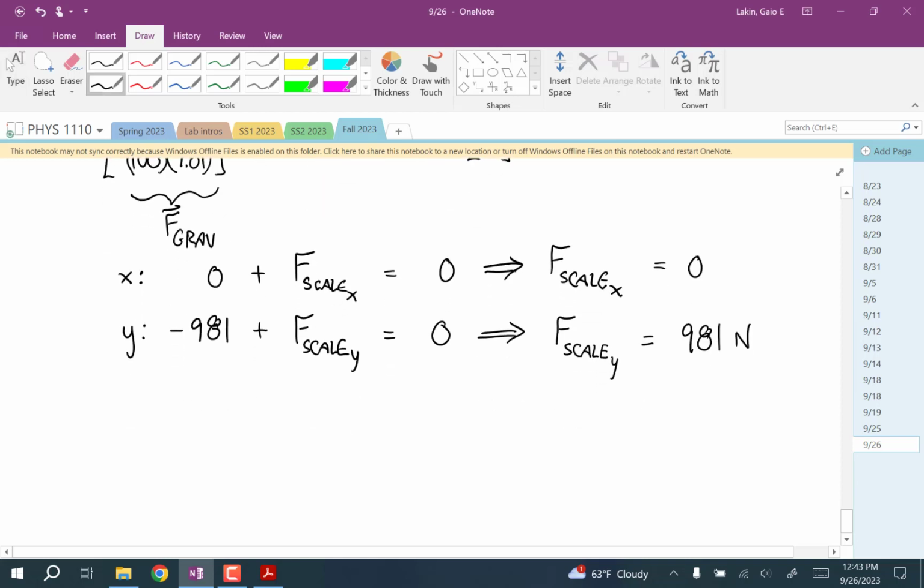If you put this together, you get that the force applied by the scale as a vector has a 0 x component and a positive 981 newton y component. So what direction is that? Up, yep. And so you can also think of it as an upward vector with a magnitude of 981 newtons.